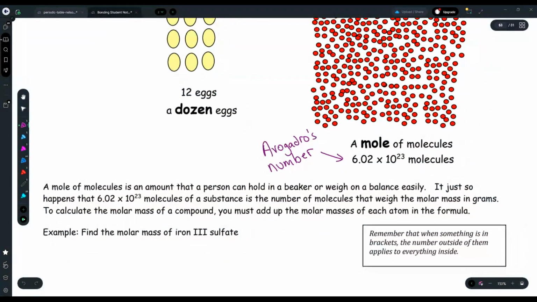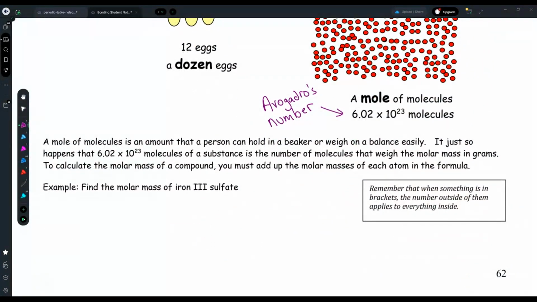So that's the reason behind scientists choosing 6.02 times 10 to the power of 23 molecules to equal 1 mole.